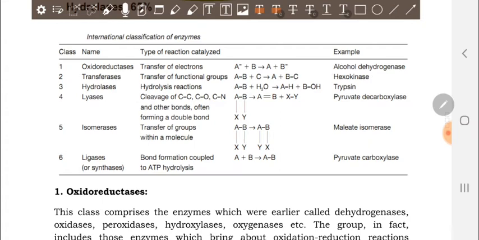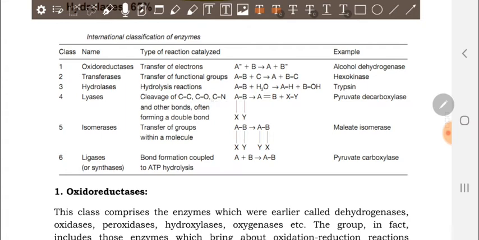Next are hydrolysis reactions, which occur in the presence of water. Water has H plus and OH minus. H plus joins with A, so AH is formed, and B forms BOH. The fourth type is lyases, the cleavage of bonds between carbon-carbon, carbon-oxygen, carbon-nitrogen and other bonds, often forming a double bond.